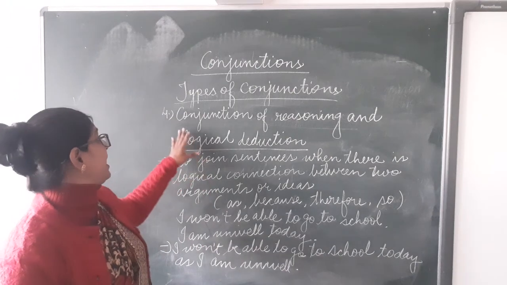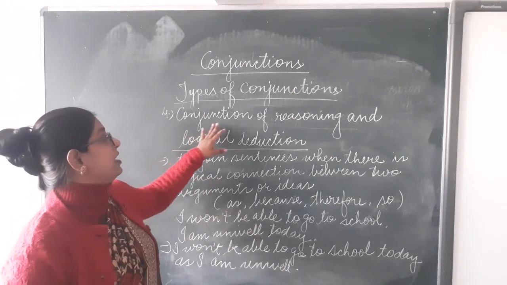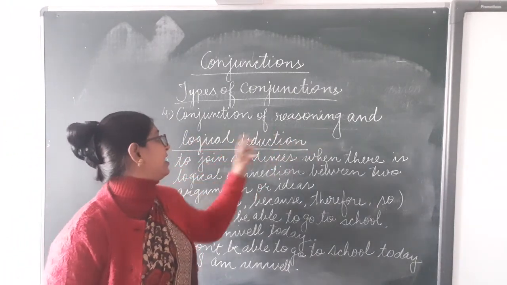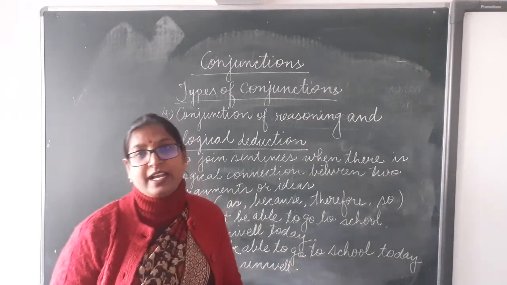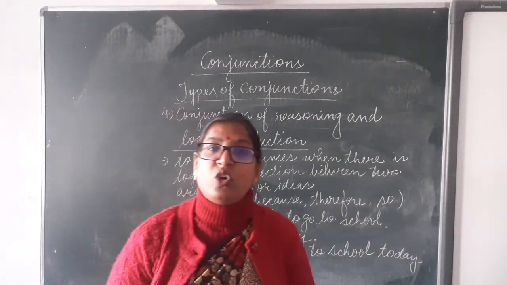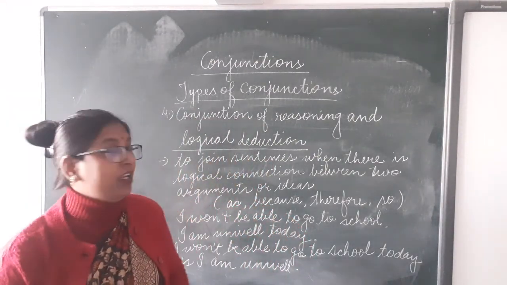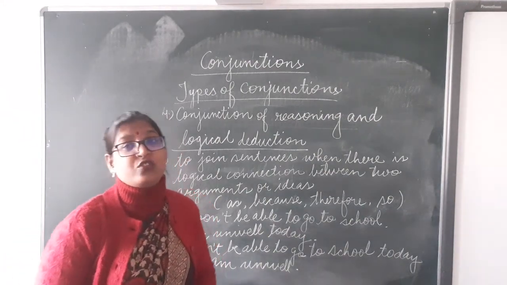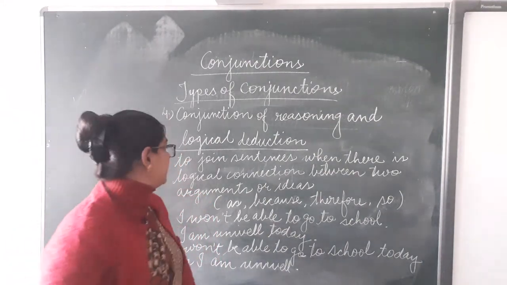So the fourth kind of conjunction is conjunction of reasoning and logical deduction, based on reasons and logics. Clear?